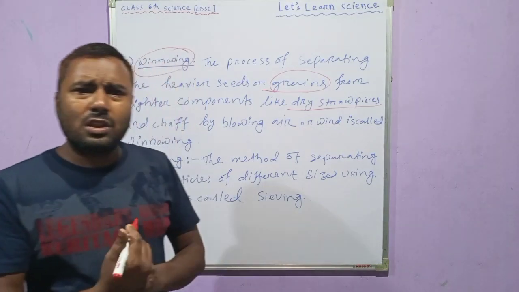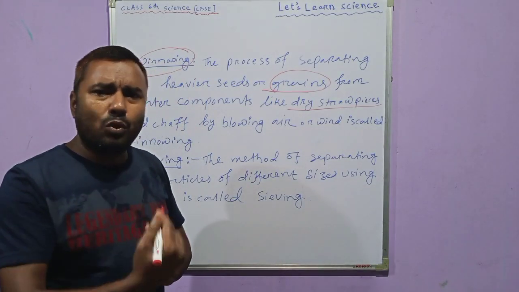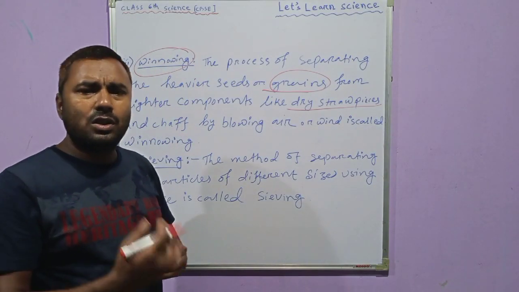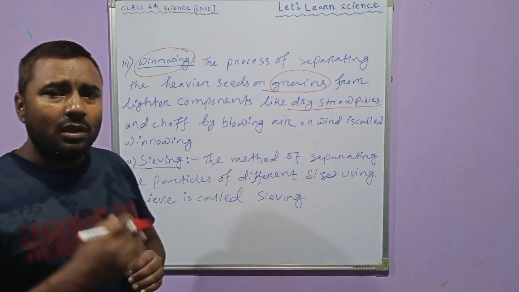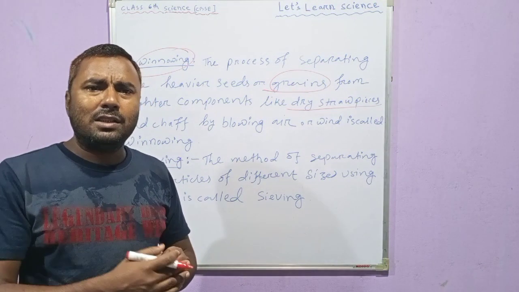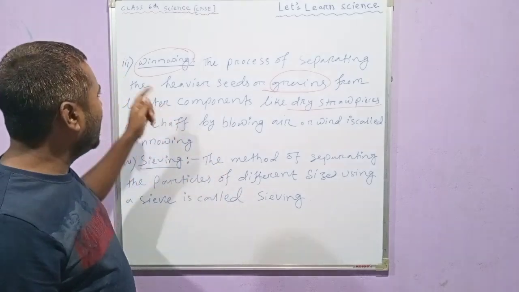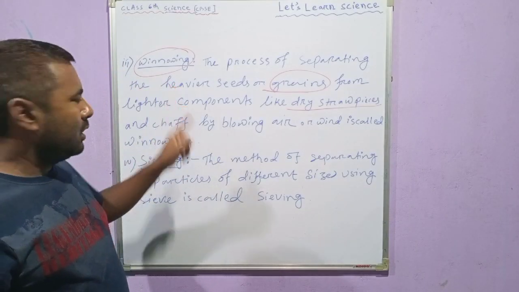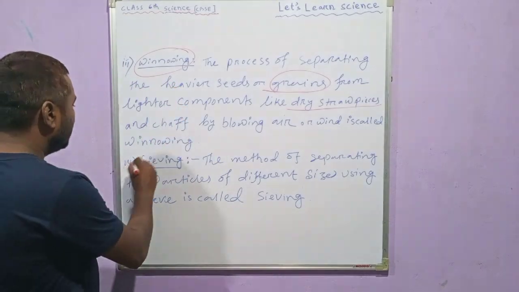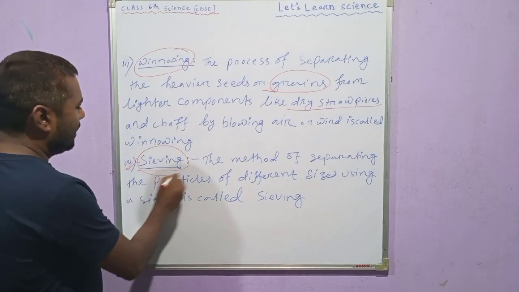The process by which the farmer separates the lighter components from the grains after threshing is called winnowing. Is it clear?